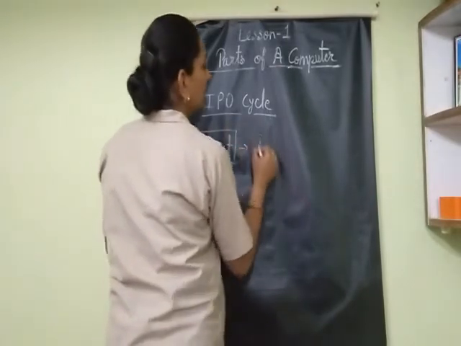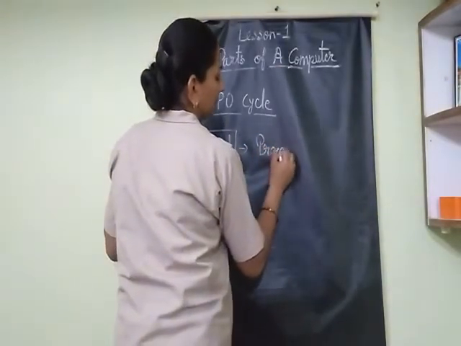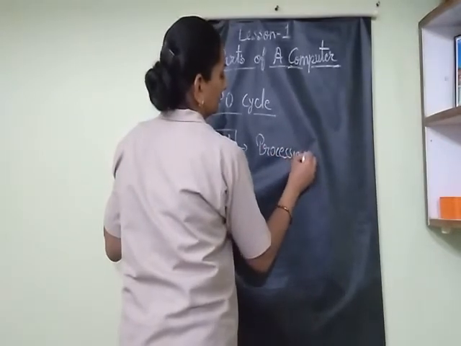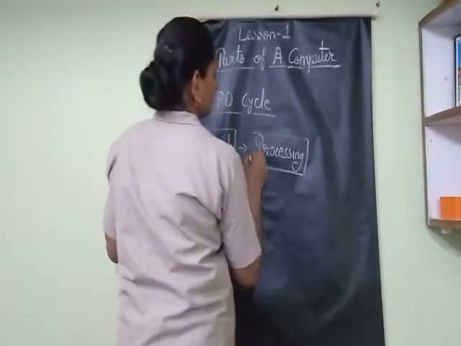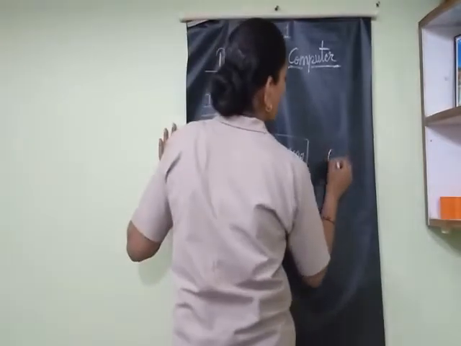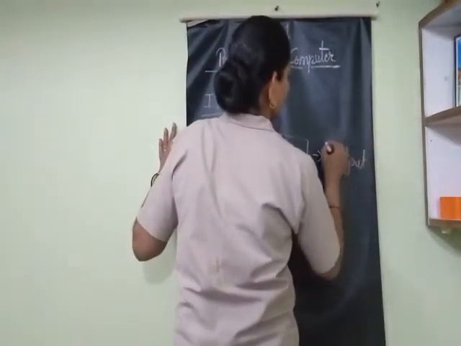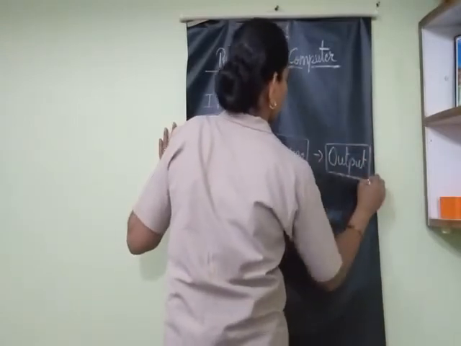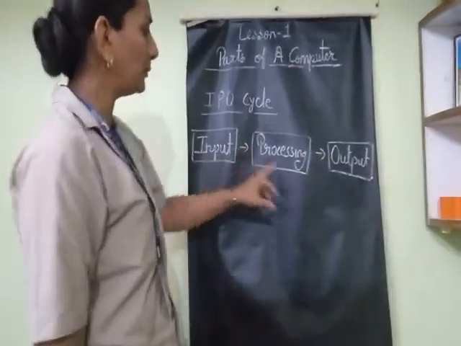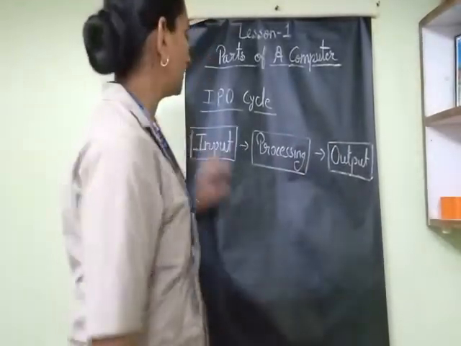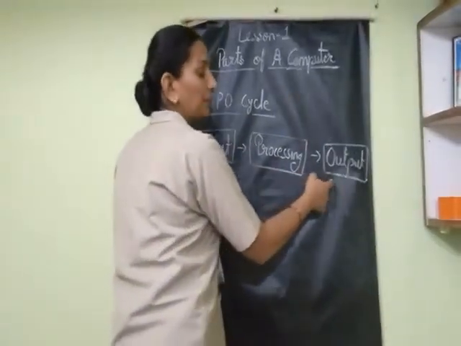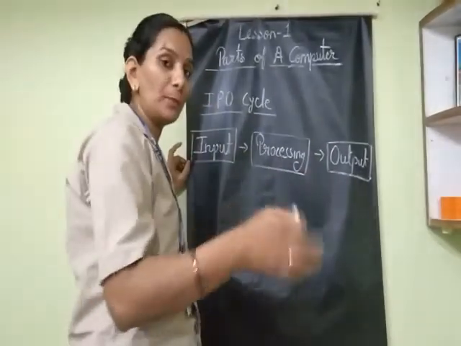Then P means processing. And O means output. So input, processing, output. So it is called the IPO cycle. Okay, done by the computer.